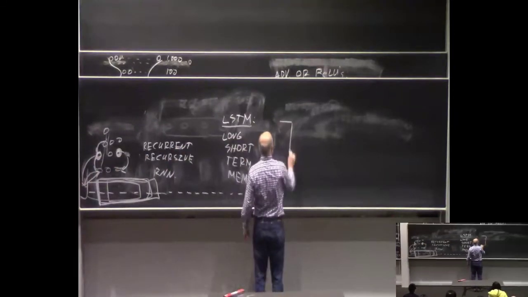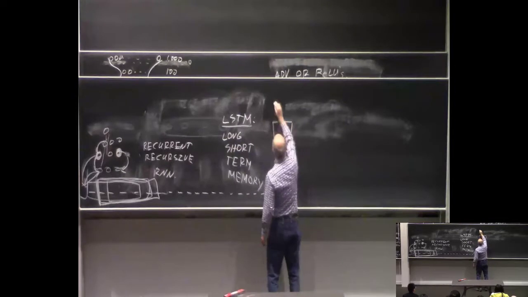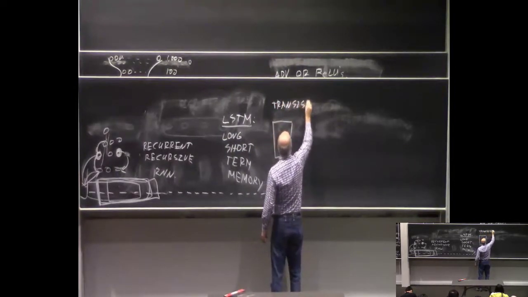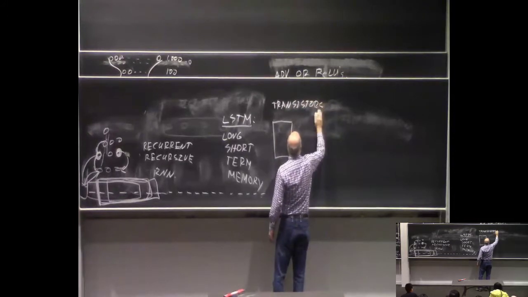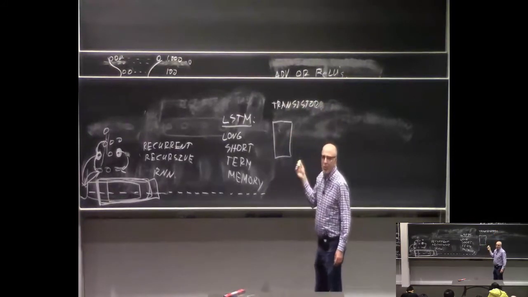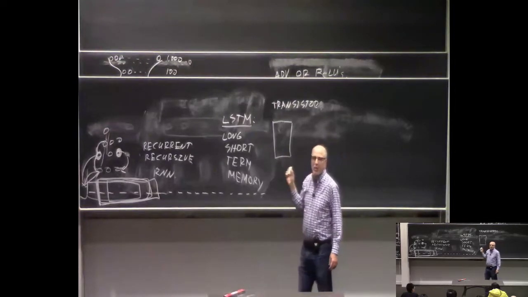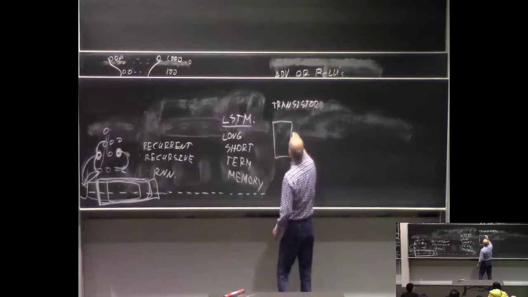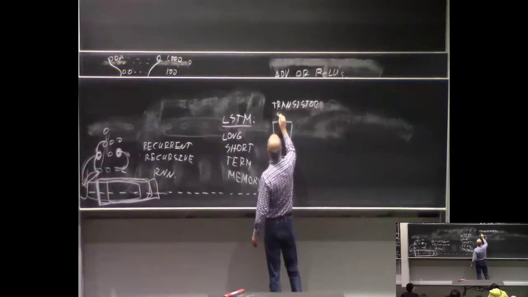Transistors were invented in the late 40s, and they are used for lots of things. They're the base of all of our electronics, but one of the first basic uses of transistors is as a switch, a binary switch. So we'll call it a transistor switch.